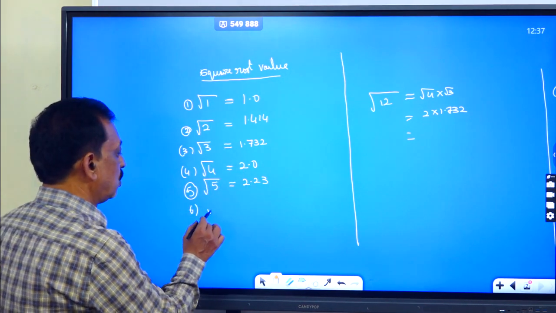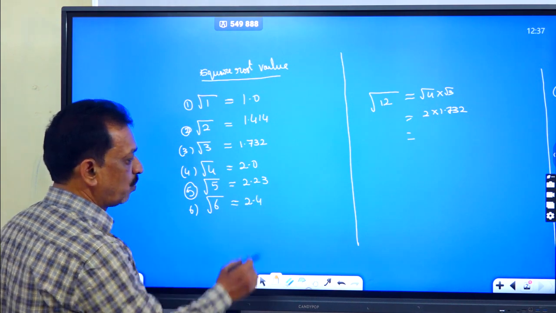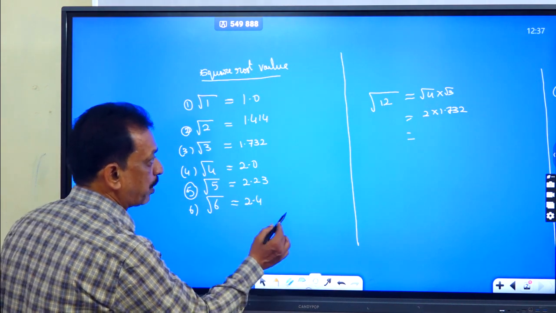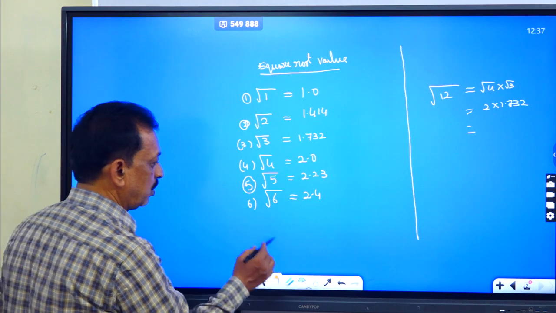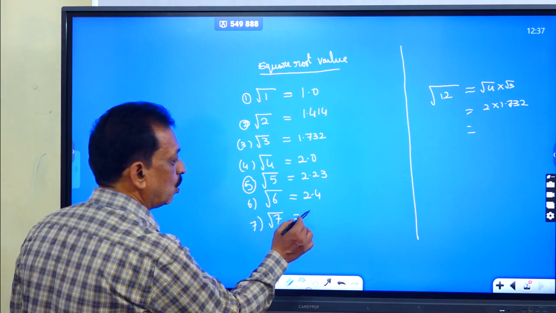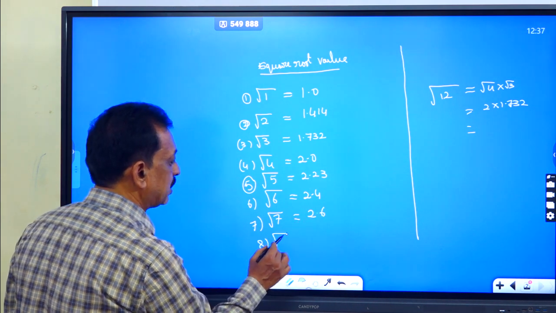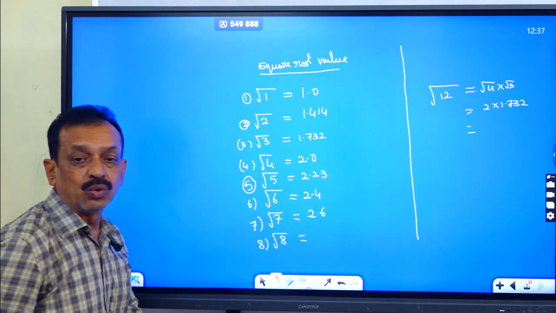And root 6 is equal to 2.4, 1 also there, we don't want that; one decimal point is perfectly enough.